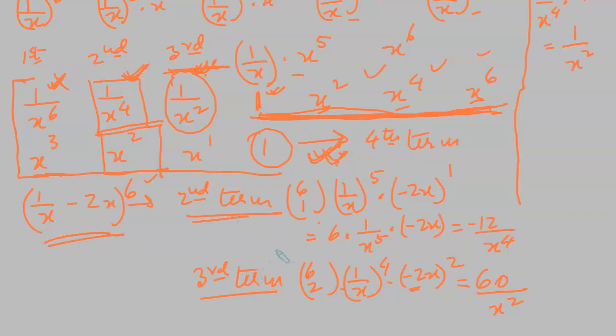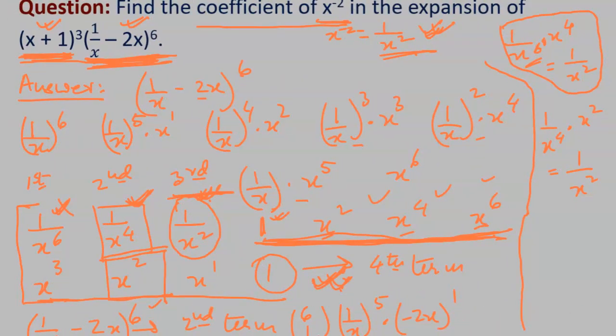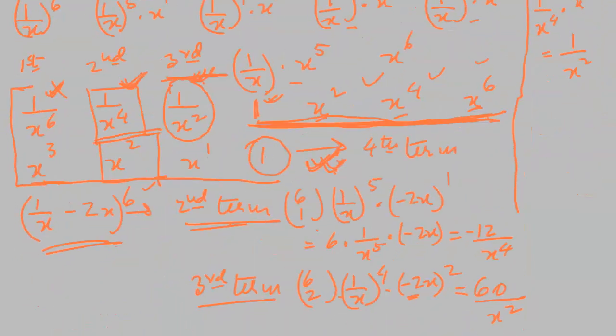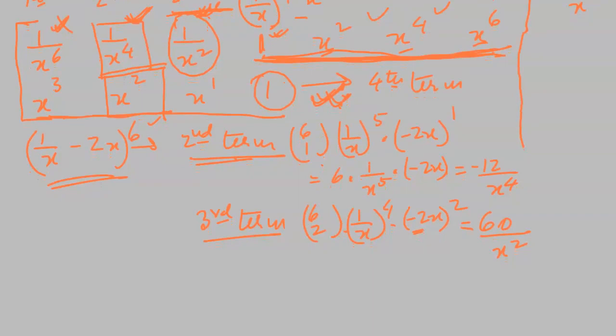And what is the first expansion? It is x plus 1 whole to the power of 3. So, x plus 1 whole to the power of 3. And we are seeing that the second term is contributing and the fourth term is contributing.